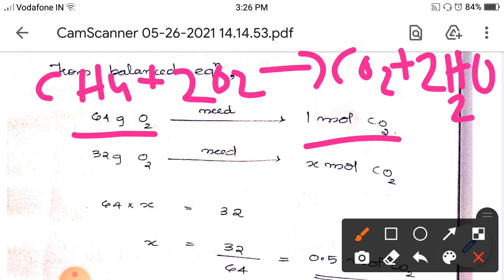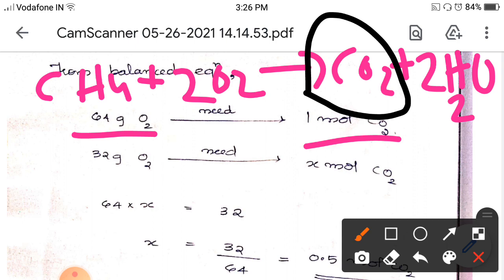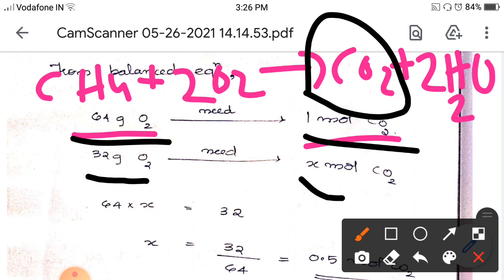Here we are finding the number of moles of carbon dioxide. 64 gram oxygen is needed for 1 mole of carbon dioxide. So how much oxygen is present here? 32 gram oxygen.